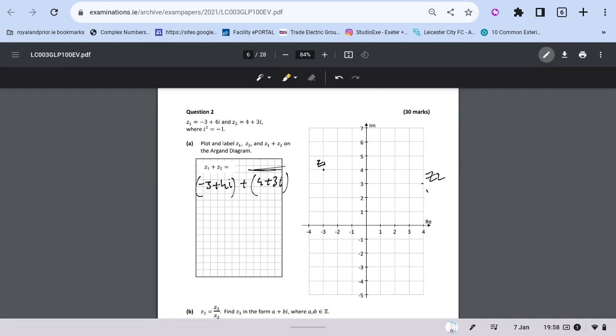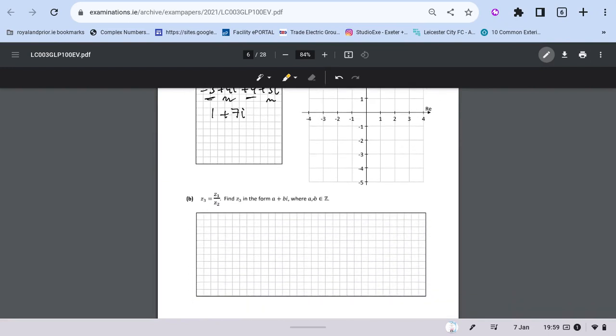So tidy that up: minus 3 plus 4i plus 4 plus 3i, and then my real bits go together, which gives me 1, and my imaginary bits, 7i. I'm going to plot that. It looks good because it fits into the diagram there, and that is my Z1 plus Z2.